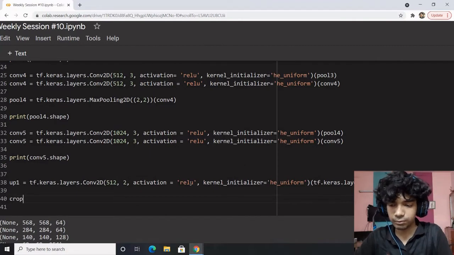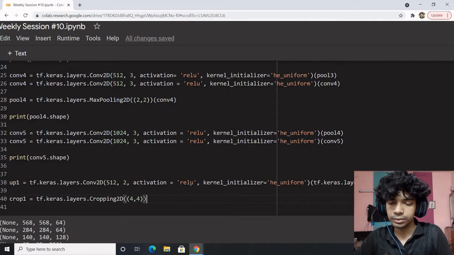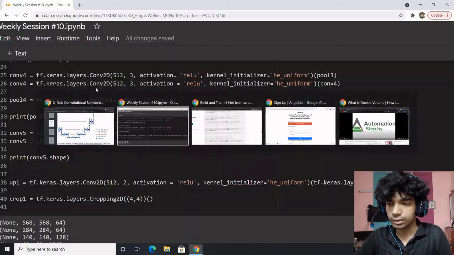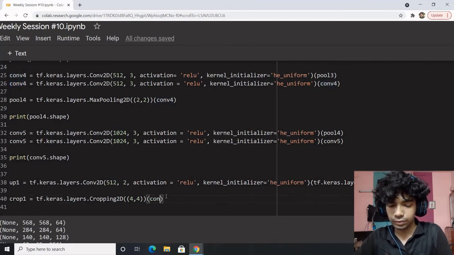So crop1 would be equal to tf.keras.layers.Cropping2D 4, 4 on the layer convolution 4, on convolution 4.